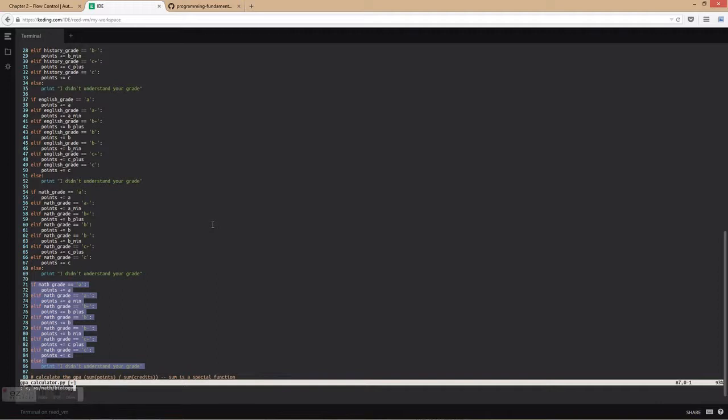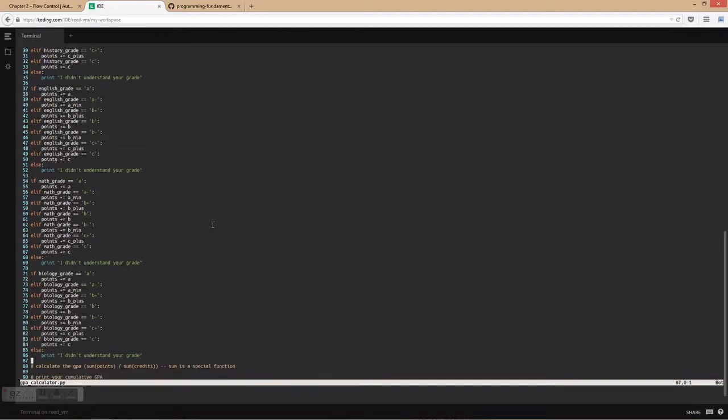Okay, now we should have, once we get to this point down here at the bottom, the total points that we got. Okay, so to calculate the GPA, we sum up the points and we divide it by the sum of the credits. So let's see, the credits. Let's assume that the credits are all 3 credit classes.